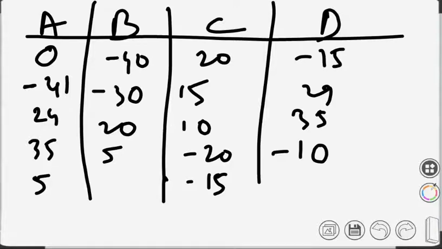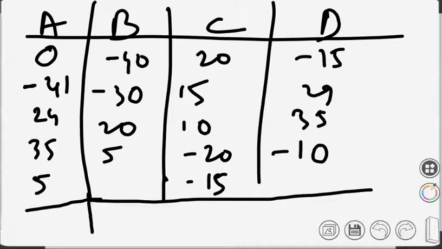Then we will sum column-wise. Please sum. So this is 35 plus 5, 40. So -1 that is plus 23.